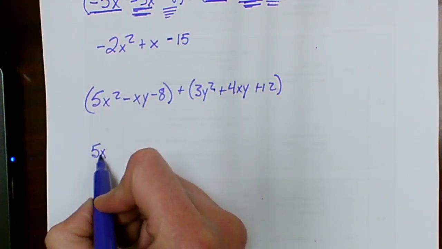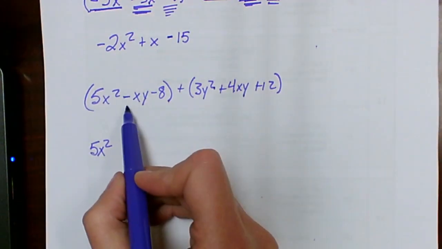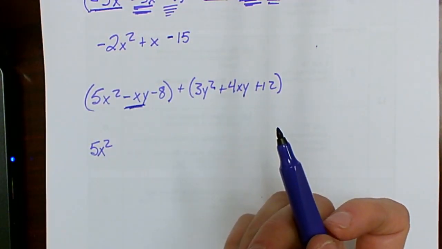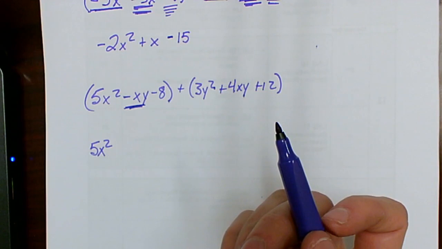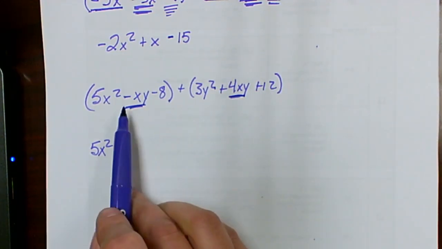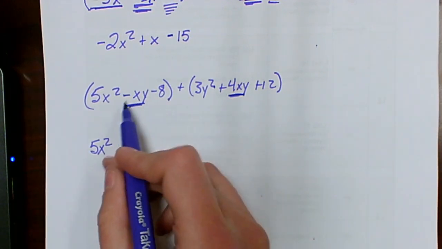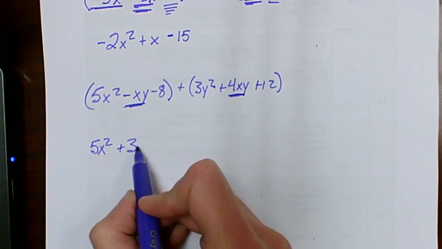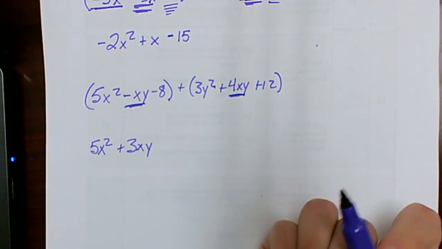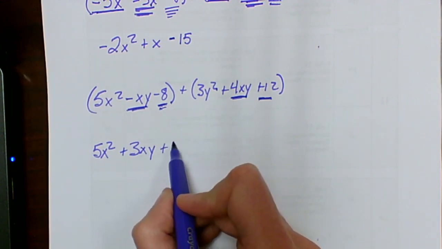So we are just going to place 5x squared right here. We have a negative 1xy, and here's another xy. So negative 1 plus 4 is positive 3xy. And then we have this negative 8 plus 12, that's going to be a plus 4.